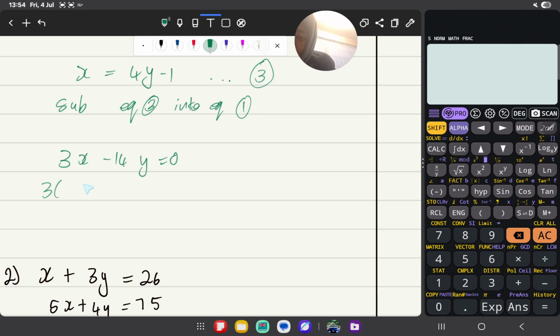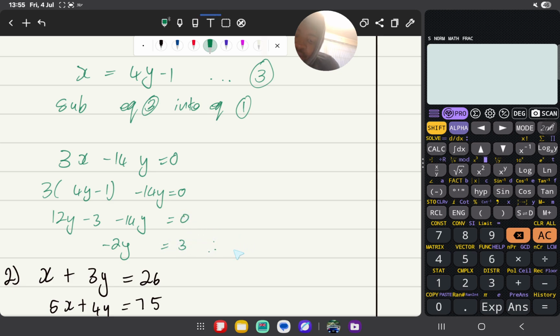So 3 into substitute x, 4y minus 1, minus 14y, then 12y minus 3 minus 14y. Then this is minus 2y equals, you have 0 equals 3.